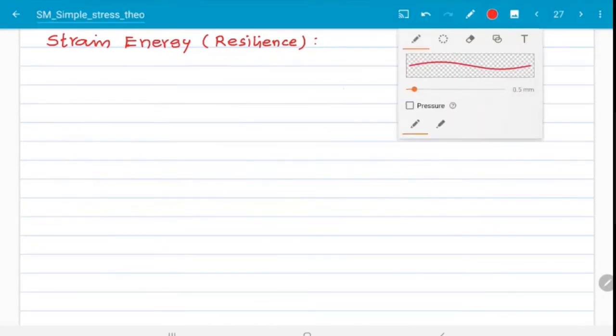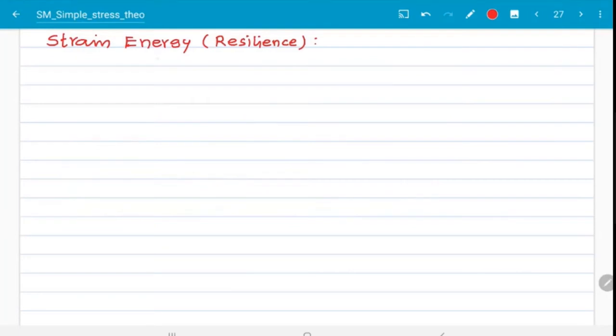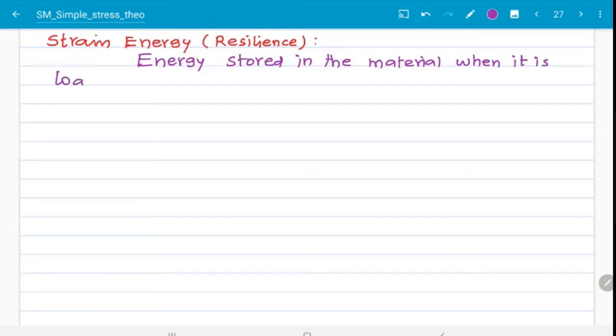Energy is stored in the material when it is loaded within proportional limit.